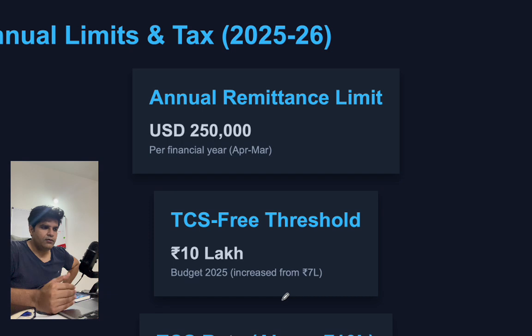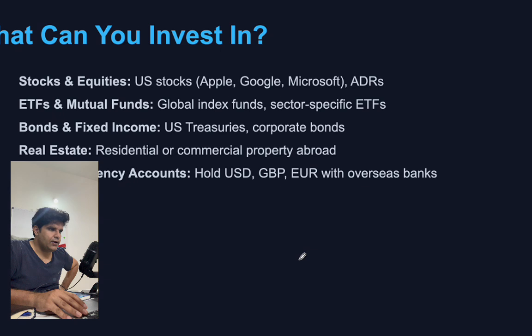So this money, which is around 20 to 30% tax collected at source, meaning whatever above 10 lakhs you will invest, 20% of it will be deducted, right? But you will get it back once you file your returns at the end of the year. So this is a way of RBI to ensure that you are filing your taxes appropriately, right?